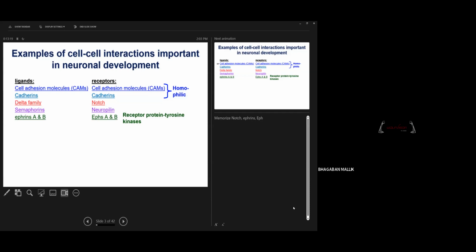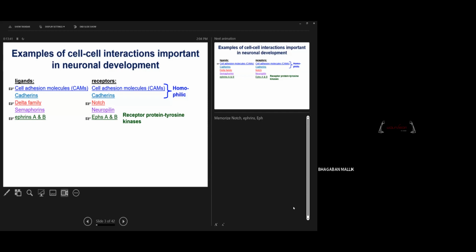Another example, cell-to-cell interaction, is also important in neuronal development. These are some of the ligands and receptors for cell-to-cell interaction. You have the cell adhesion molecules, the CAMs, the Delta ligand with the Notch receptor, and the Ephrin receptor.